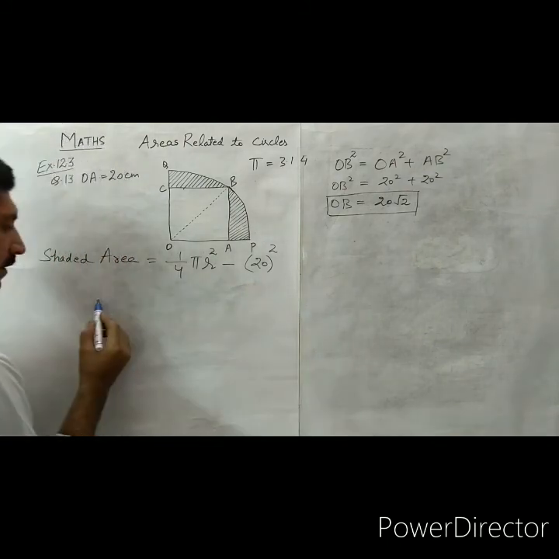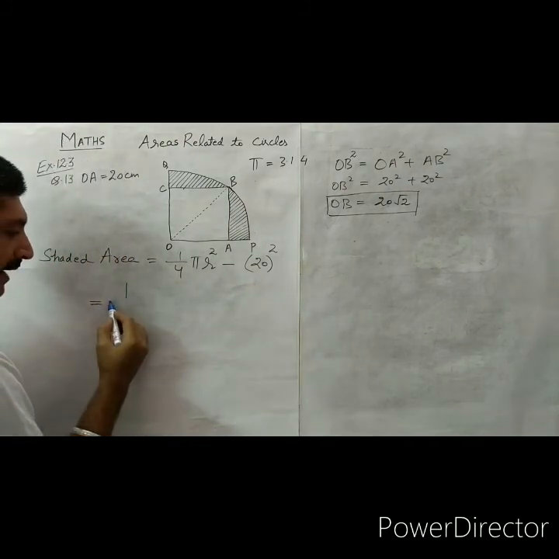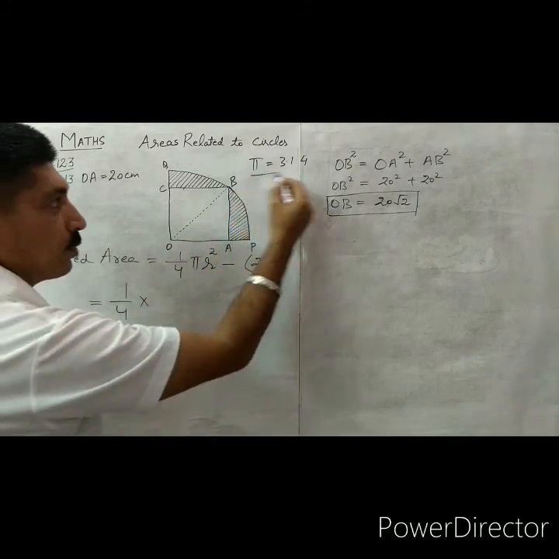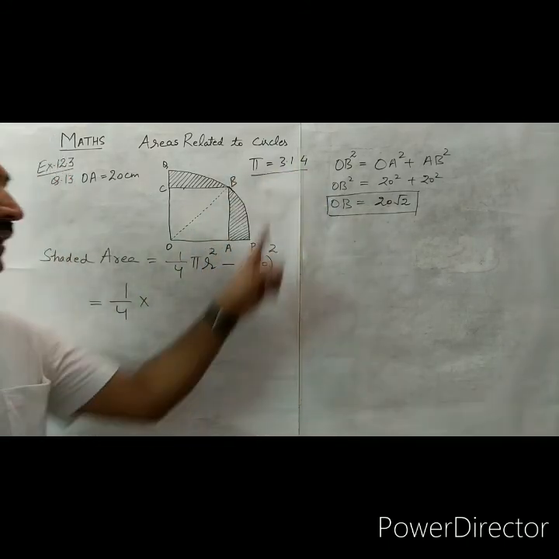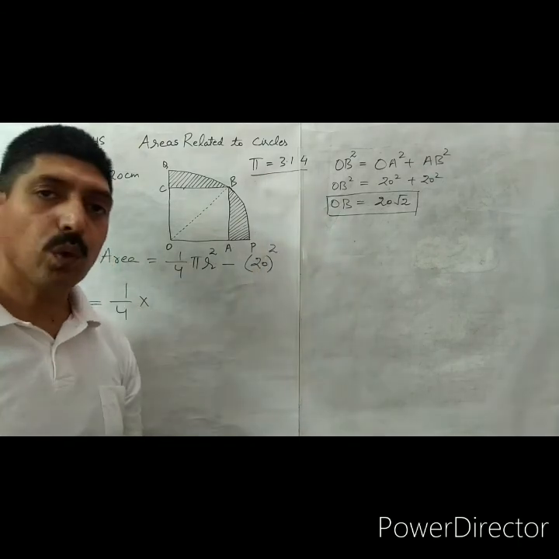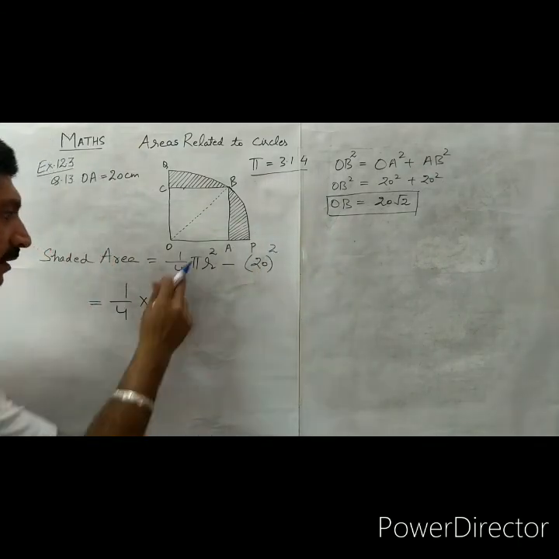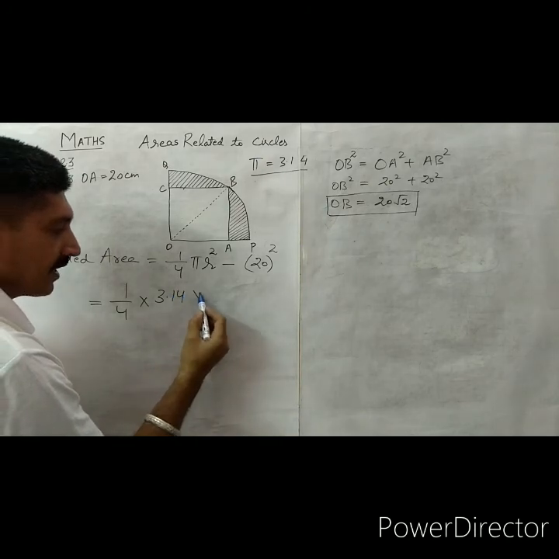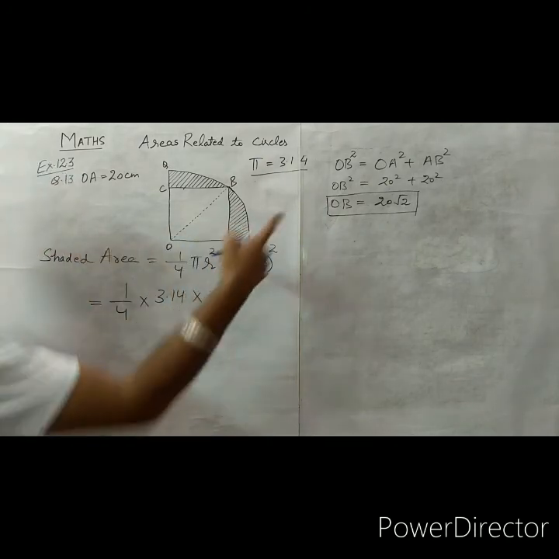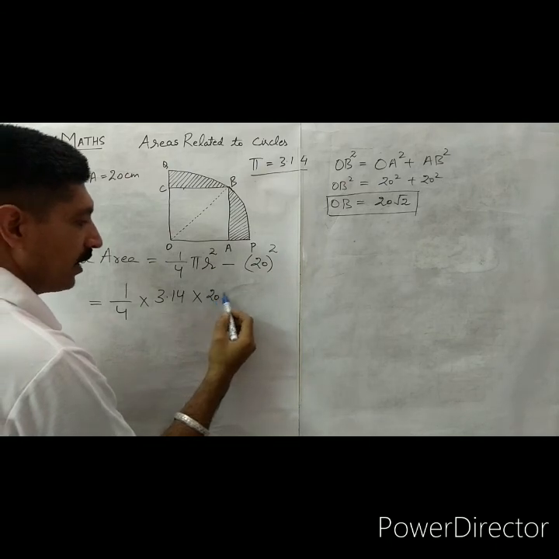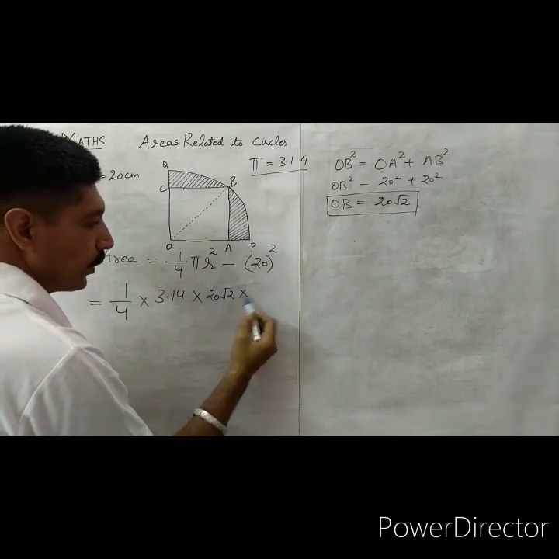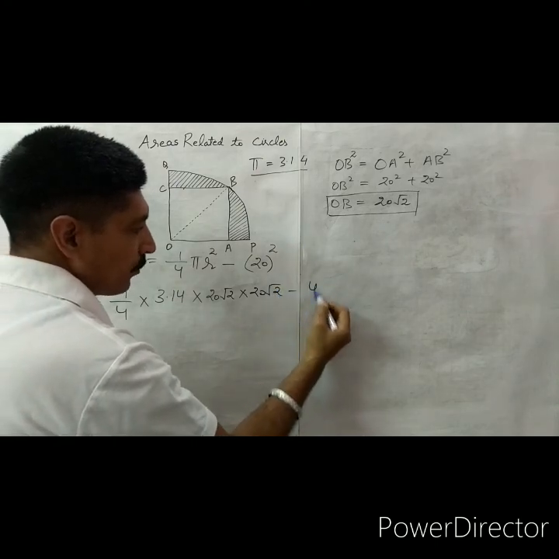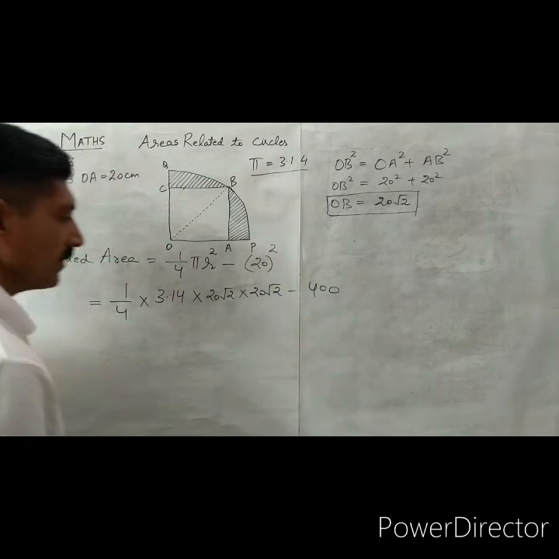So here 1 by 4 into pi, it is given in the question, use the value of pi 3.14. So using the value of pi 3.14, the radius in this case is now 20 under root 2 into 20 under root 2, minus 400.